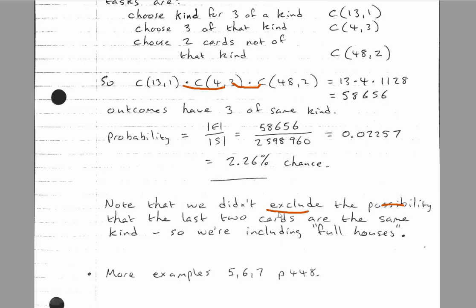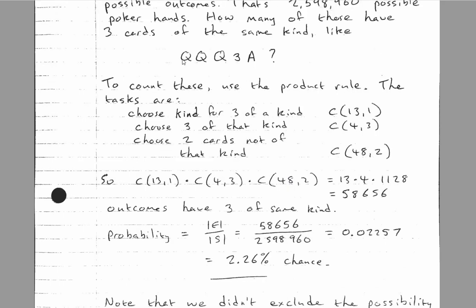Note that we didn't exclude the possibility that the last 2 cards are the same. So we're including full houses in this calculation, say, 2 threes here. Of course, in poker, that's worth a lot more. That's a full house.